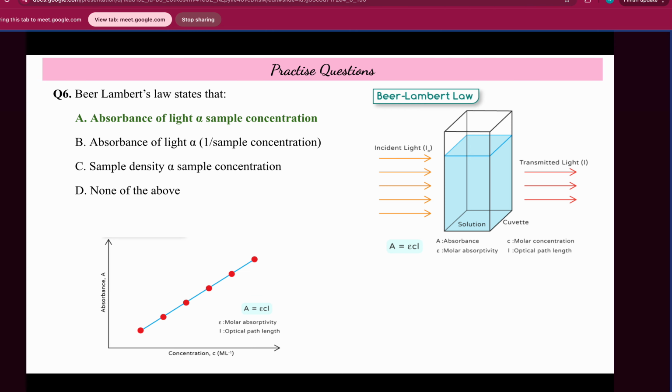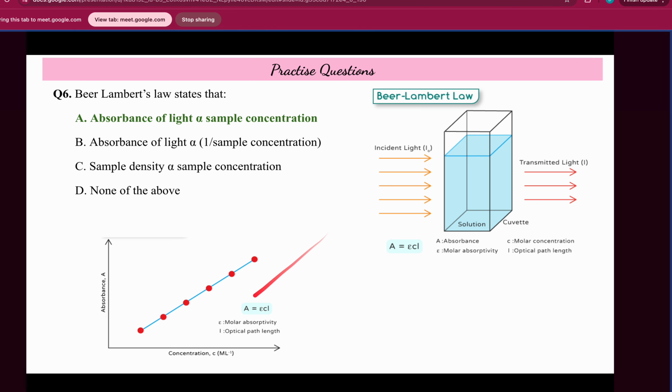Now let's see. The right answer is that the absorbance of light is directly proportional to sample concentration. By Beer-Lambert's law, we have seen that if the concentration of the sample is high, a greater number of solute molecules are present. If there are more solute molecules, they can absorb more light.